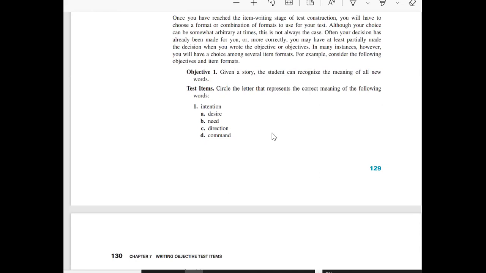There's a certain format for doing good quality test items. So you use numbers on the side and you use letters for your choices, A, B, C, D, and some test makers use capitals, capital A, capital B, capital C, capital D.